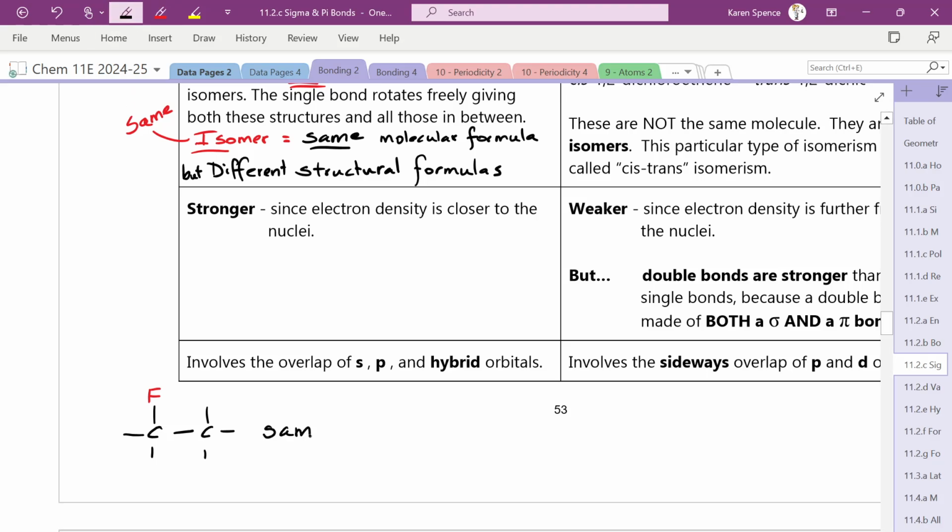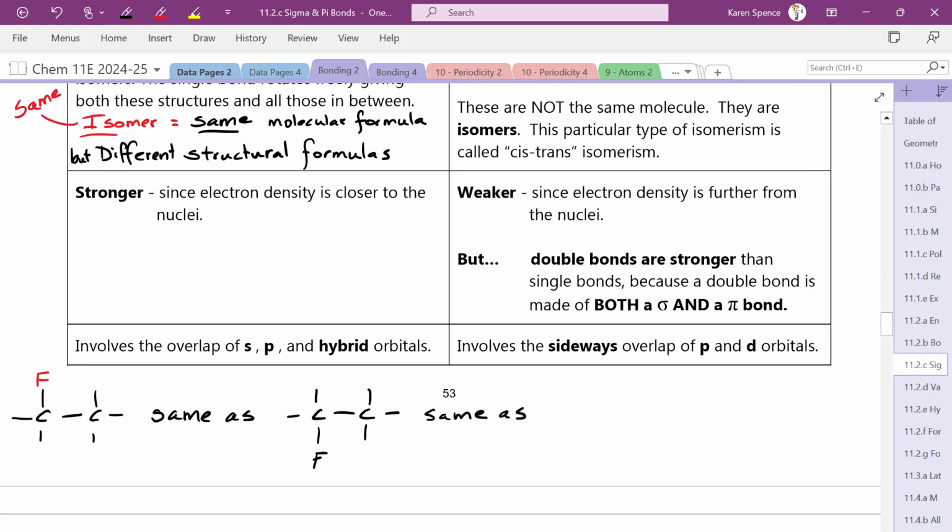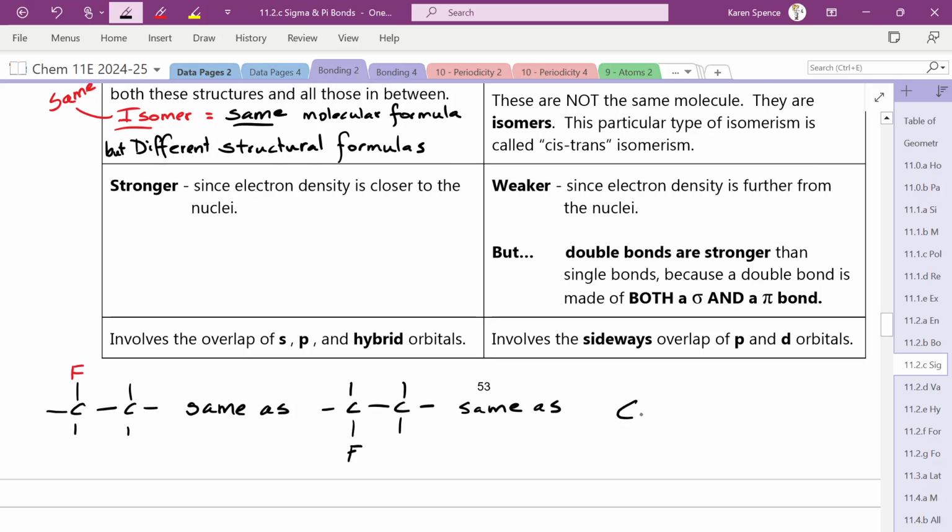That is the same as C, C, F, which is also the same as C, C, F. In that case, I haven't rotated around the axis.